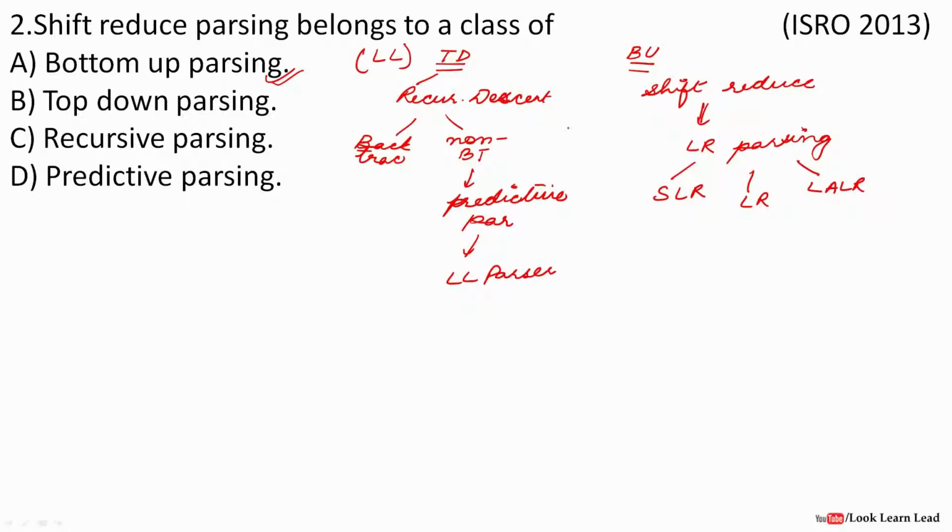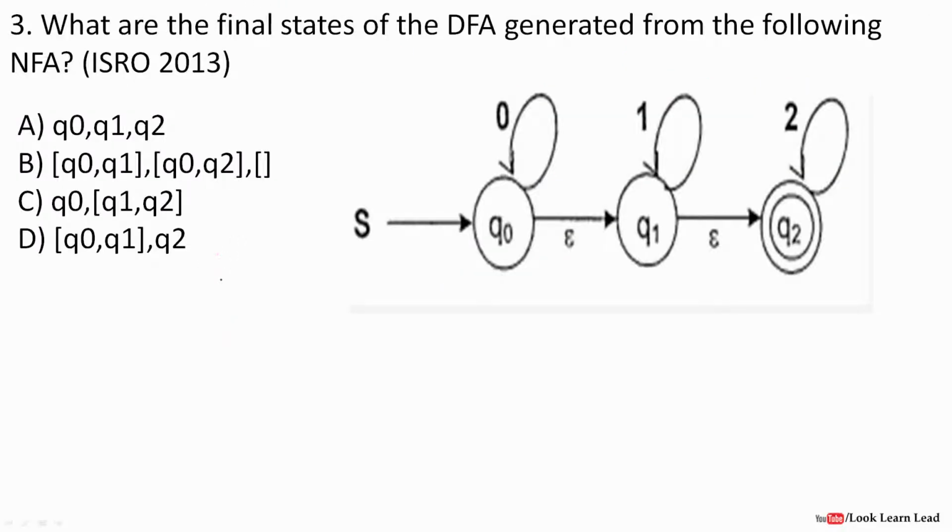So questions can be asked from any of these types also. Okay, in the last question, it was bottom-up parsing. I marked it wrong. Shift-reduce parsing is bottom-up parsing.